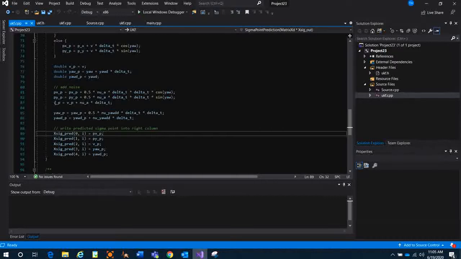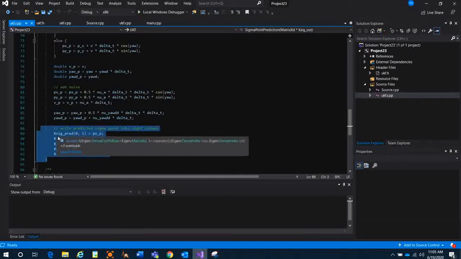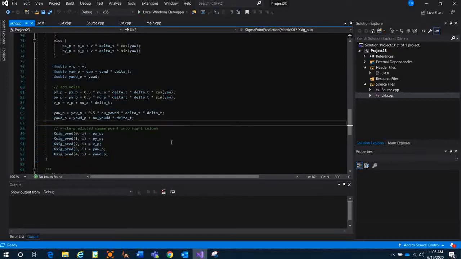And we push all the values, the new values calculated after pushing through the process model. You get the predicted sigma point, right? You put all into the matrix of predicted sigma points, and you just print it out. Okay.